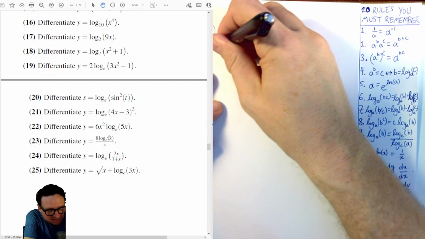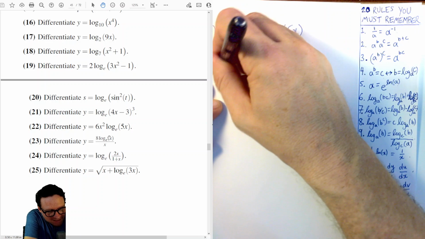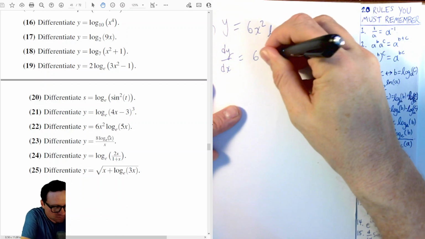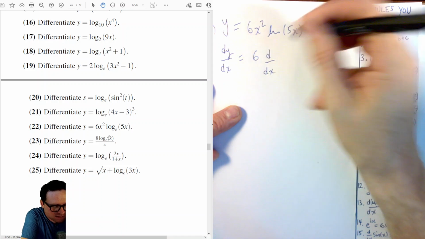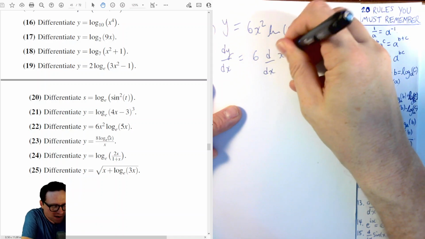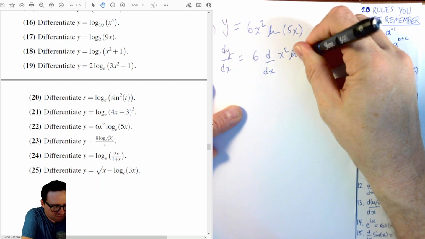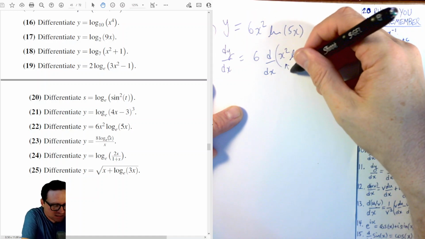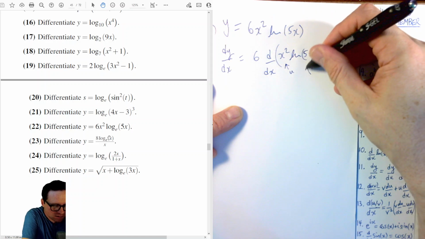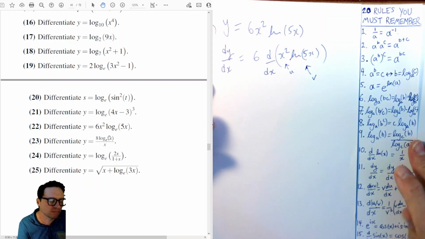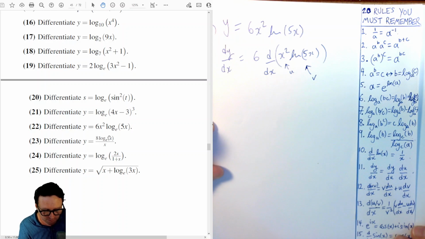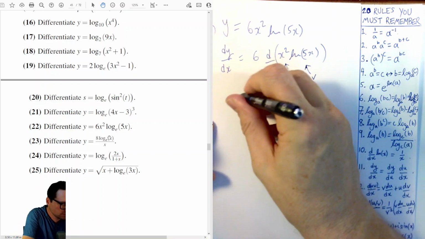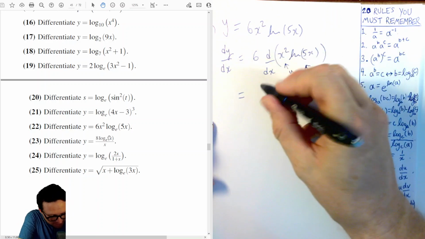So applying d on dx to both sides, dy on dx is equal to 6 d on dx of x squared ln 5x. Okay, so here is a u and here is a v. So we need to use our product rule, rule number 12. Let's keep the 6 on the outside.